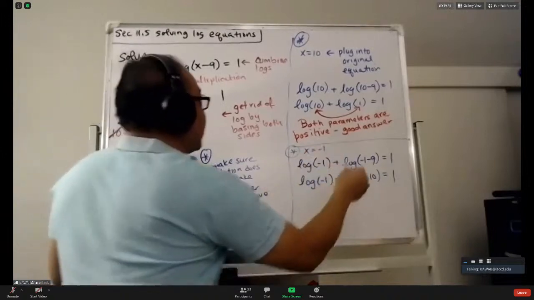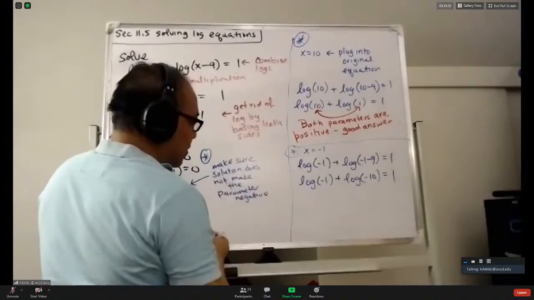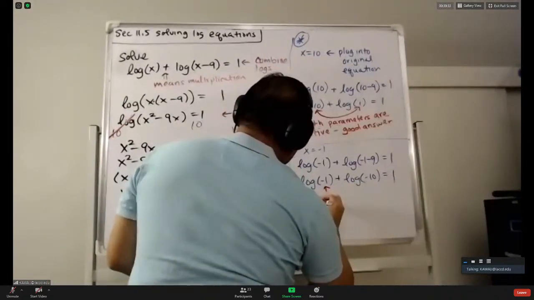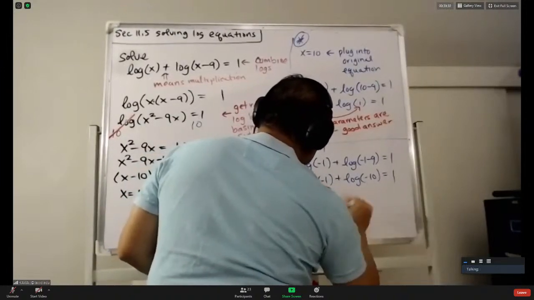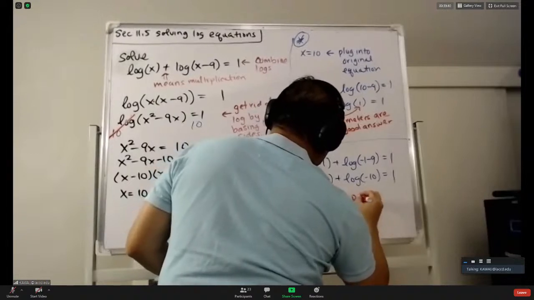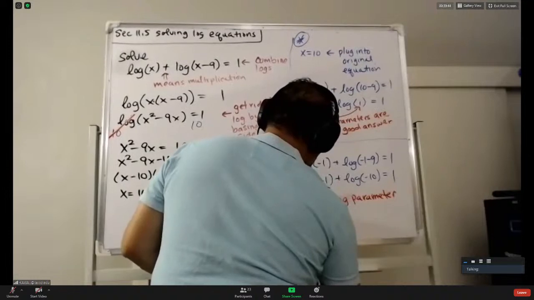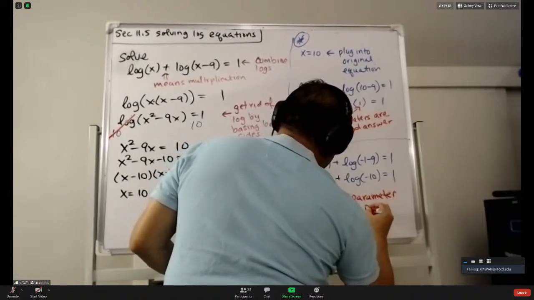What you can't have is after I plug it back into here, that the resultant is negative. So if any log parameter is negative, it's a bad answer.